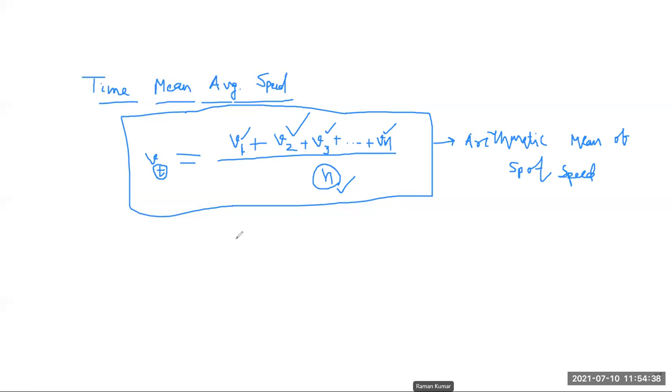Here we get a modification as Vt is equal to the summation of all the speeds divided by n.